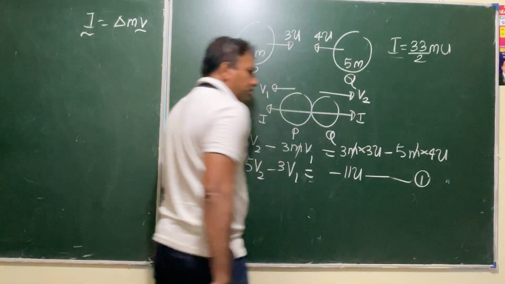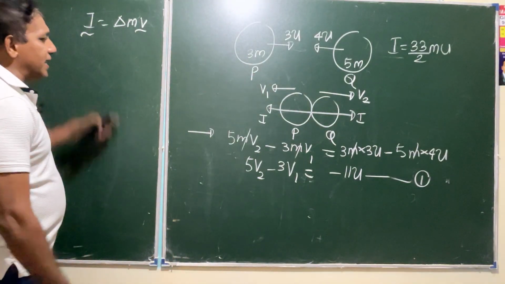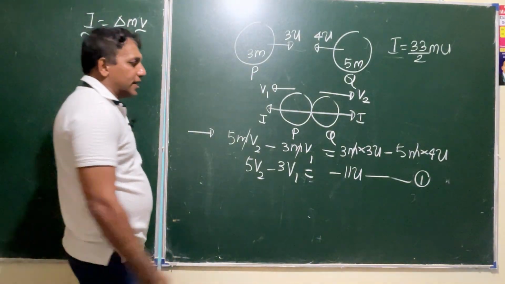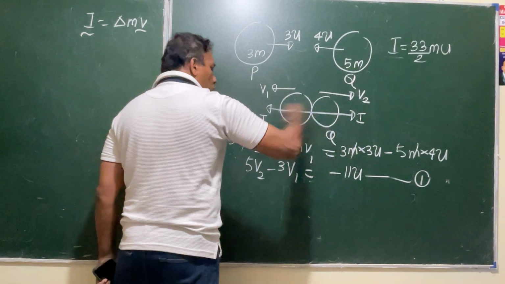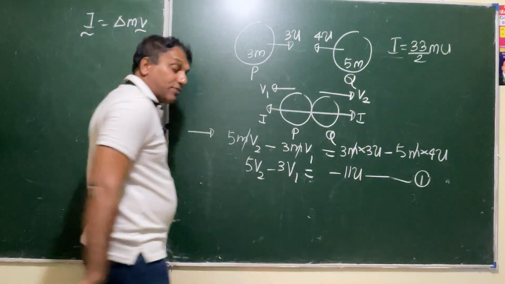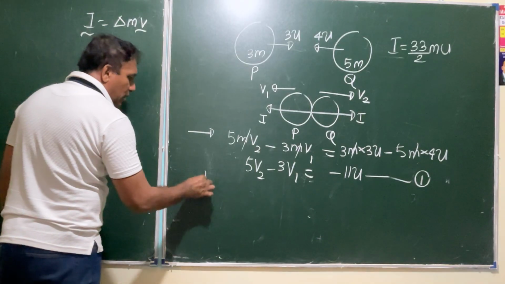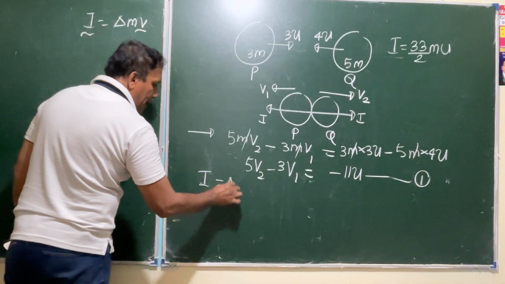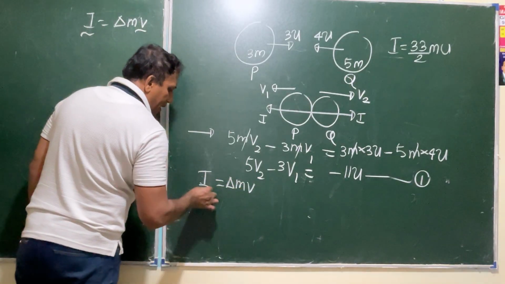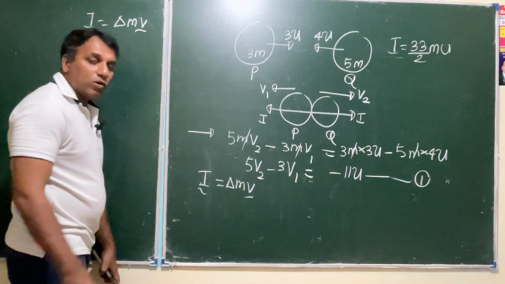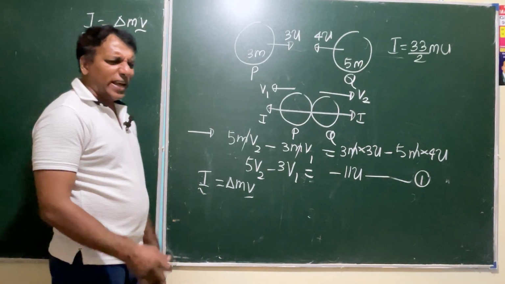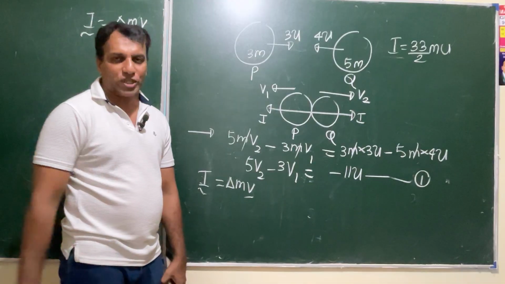First equation. Now I apply I equals delta mv. They said Q exerted on P the impulsive force I. So apply the formula I equals delta mv: impulse equals mass into velocity, always applied in the impulse direction.